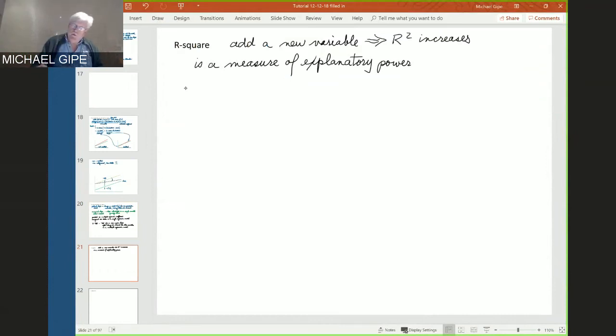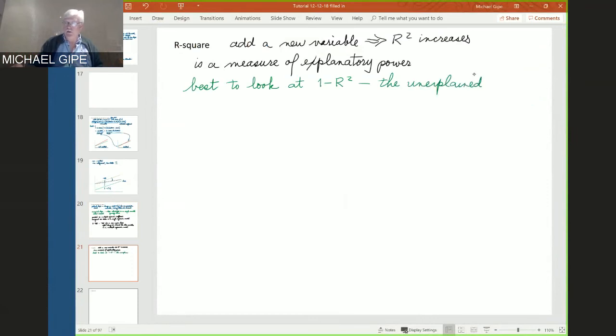So when you're evaluating whether this variable has added to your model and is useful in your model, it's best to look not at R squared, but 1 minus R squared. And that number is the unexplained stuff.